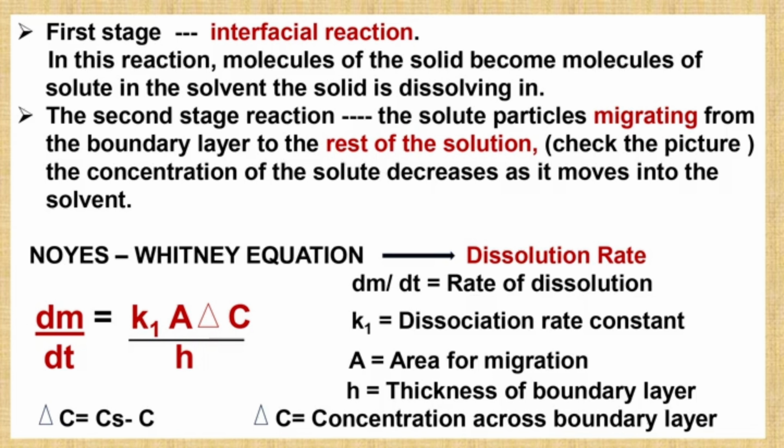We can see from this picture that the concentration of the solute decreases as it moves into the solvent. When we add the solute, the concentration is very high. Then as it migrates from the boundary layer to the rest of the solution, the concentration of the solute decreases. That is the main point.